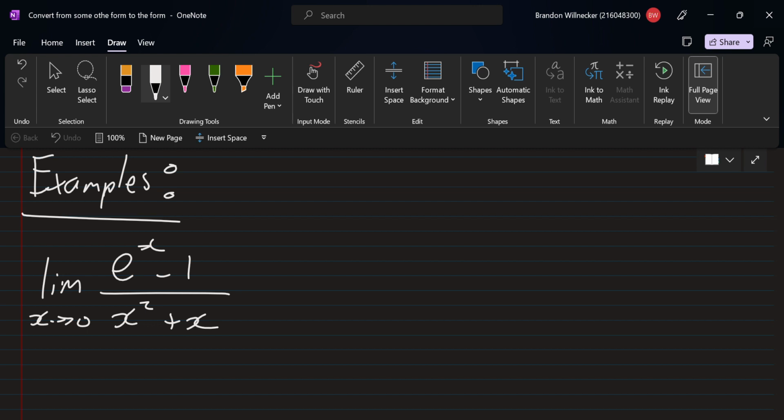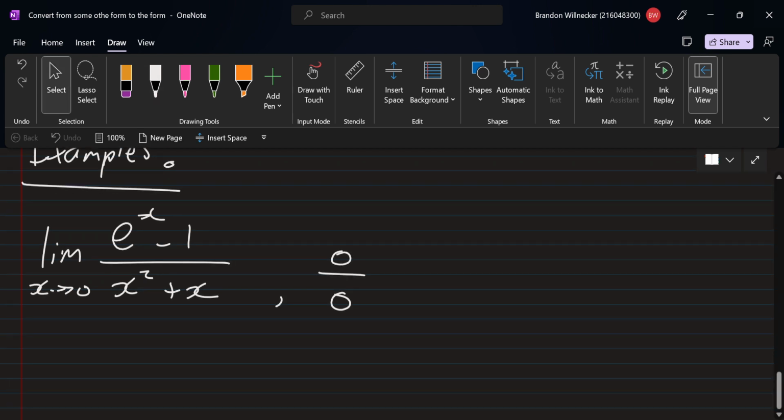It might not be an indeterminate form, but we need to check. In the top, when x goes to 0, e to the x will go to 1. We have 1 minus 1, so the top becomes 0. In the bottom, x squared plus x is a polynomial, so we don't have to do any limiting there. Just look at it when x is 0. We get 0 plus 0, that's 0. So the top is 0, the bottom is 0 in the limit. So we have the form 0 over 0.